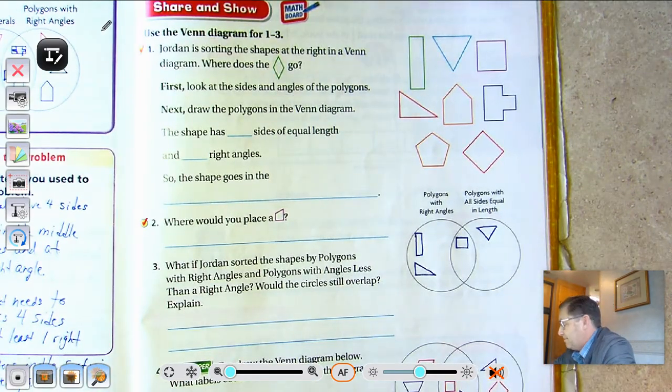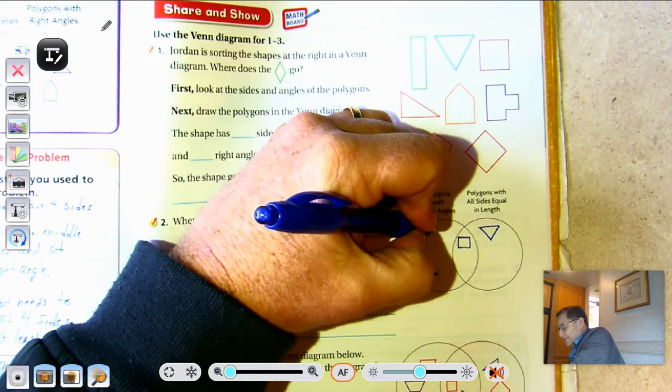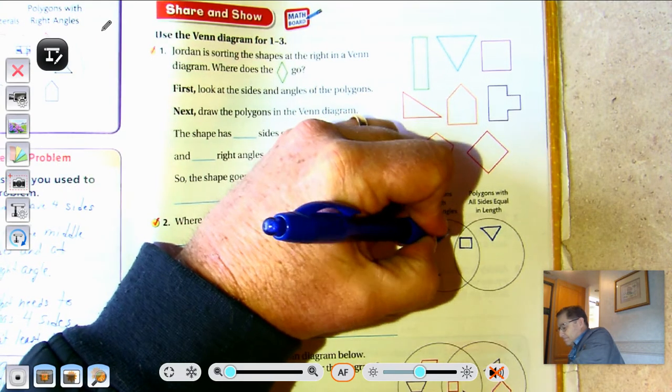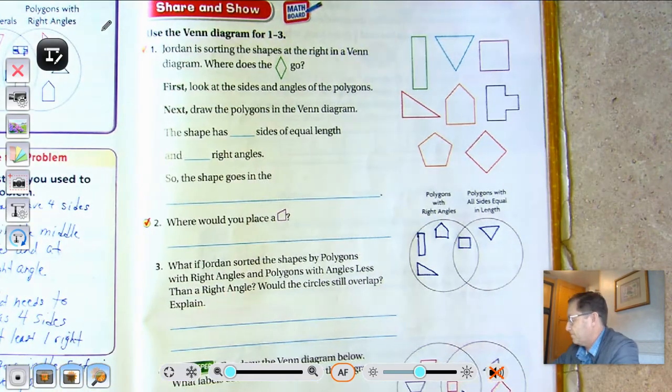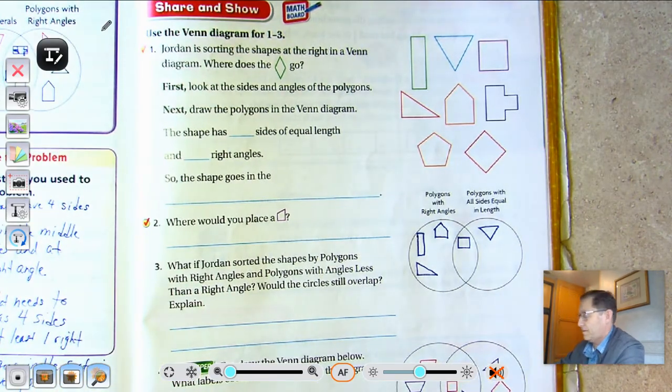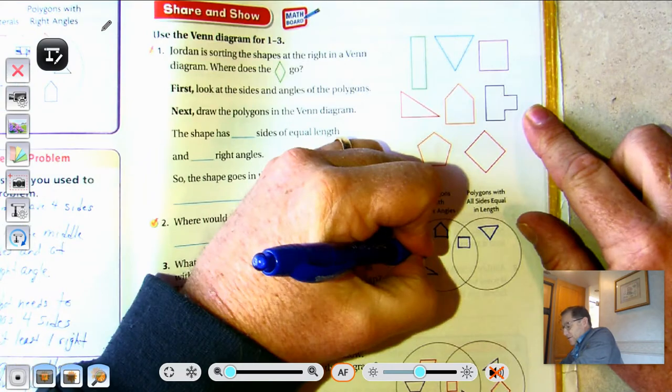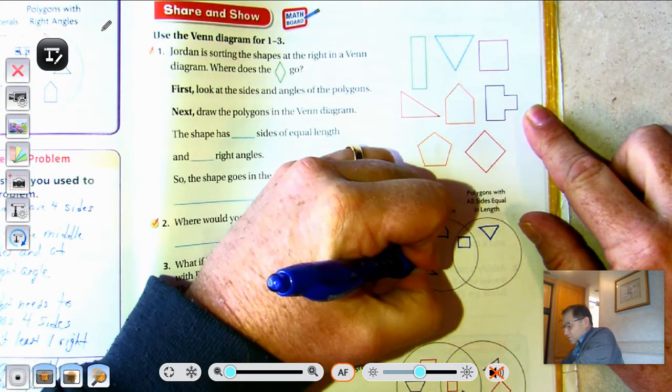The pentagon also has right angles. This shape here has right angles, but not all sides are equal.